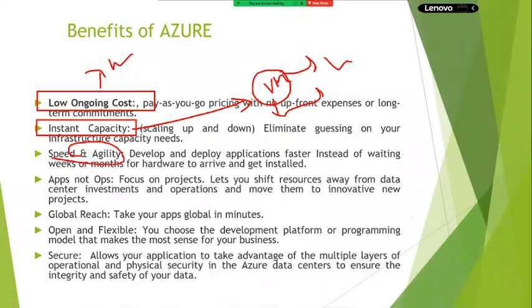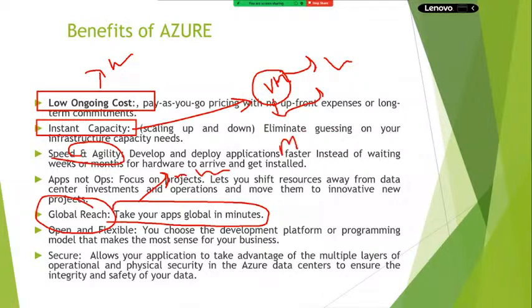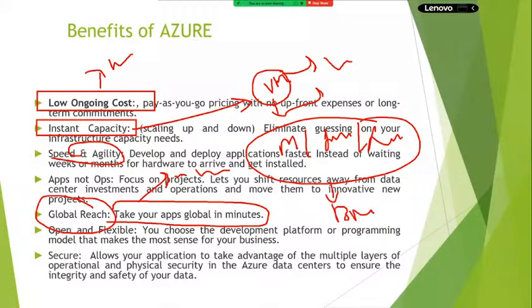Next, global reach. Your data can be distributed across the globe in minutes. Why are Microsoft, Google and Facebook applications very fast, even though they have billions of customers all around the world?